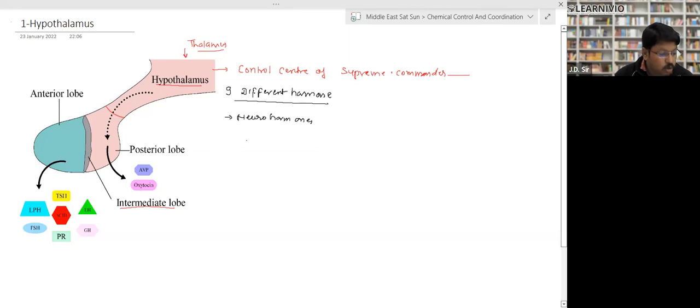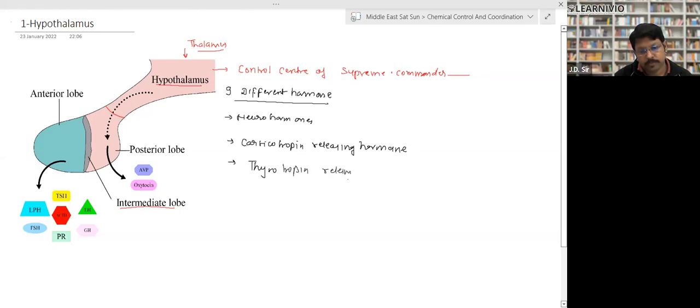Next, corticotropin releasing hormone. Next one is thyrotropin releasing hormone. Next one is growth hormone releasing hormone.